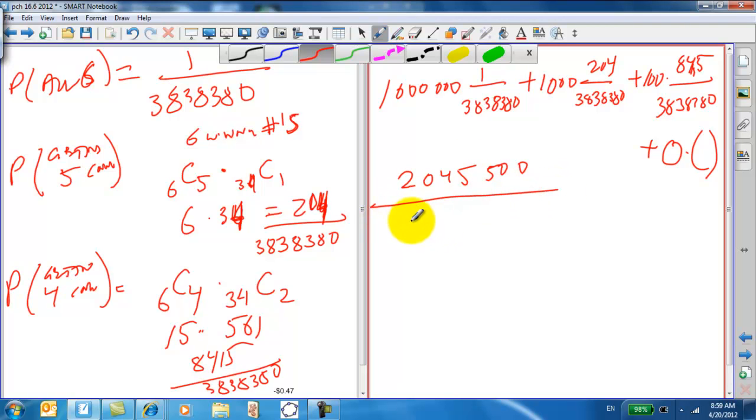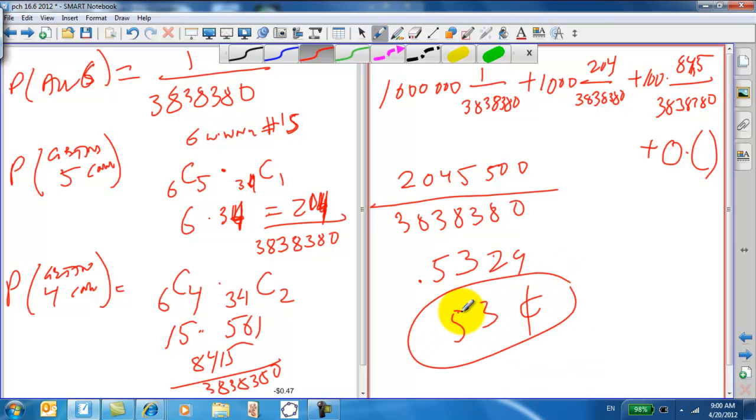But that's being divided by 3,838,380. And I get 53 cents. 53.3 cents, 53.29, or 53 cents.